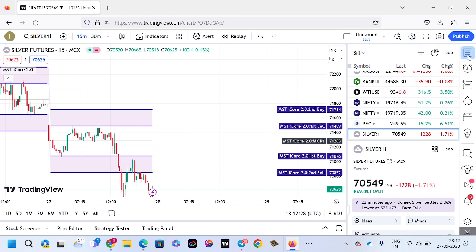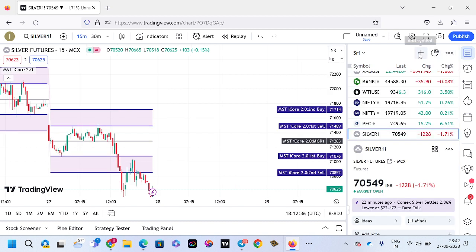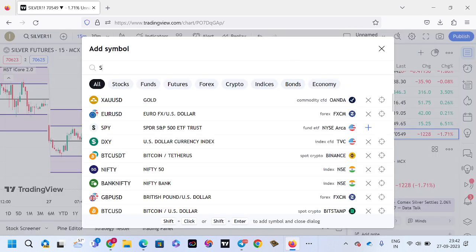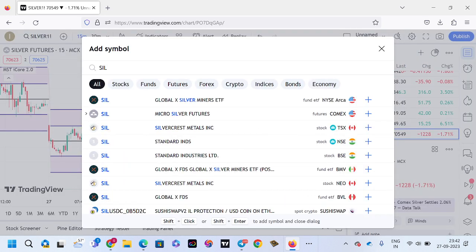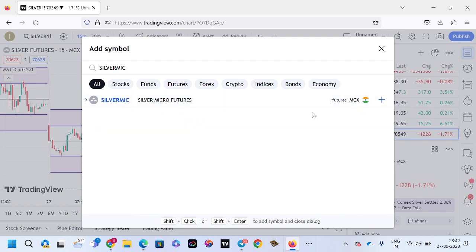Just click here. There are 3 lines, 4 lines here on the right side. That is called the watch list in the trading platform. Click here, and then click the plus button. Type silver micro, SILVERMIC. So now you got it.